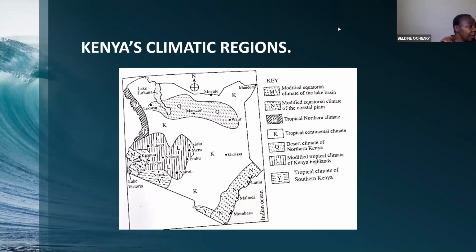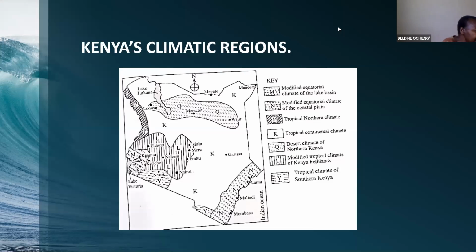Under the key M, we have modified equatorial climate of the lake basin. Quickly take your eyes on the lake basin where we are seeing Kisumu, that area. The climate experienced there is modified equatorial climate of the lake basin. N, modified equatorial climate of the coastal plain.